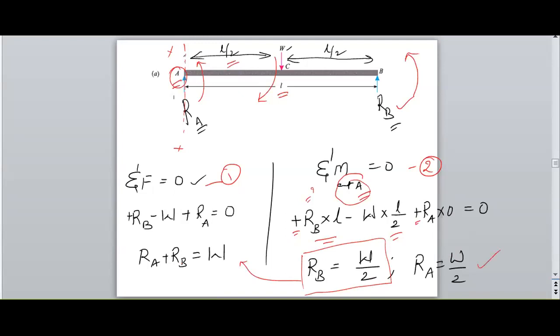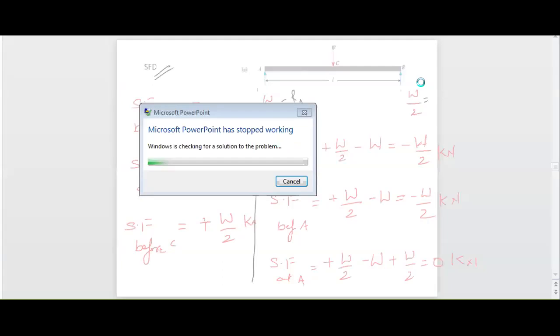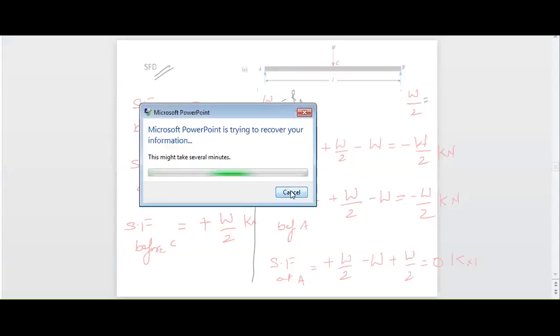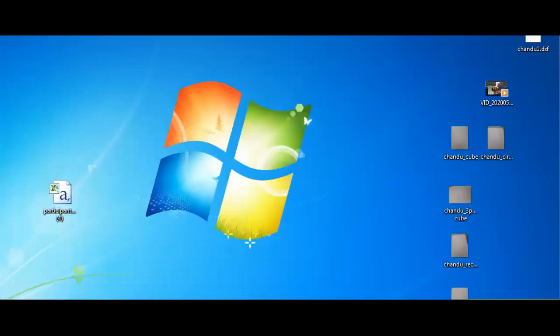After finding the unknowns RA and RB, I need to draw the shear force diagram. Here the RA value is W by 2 and the RB value is again W by 2.